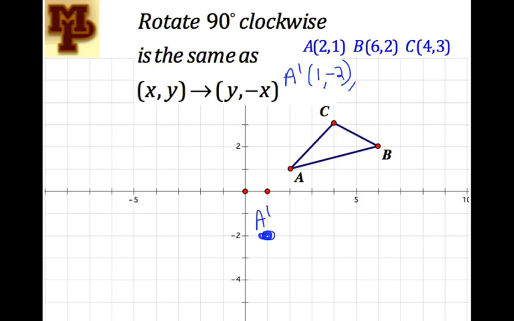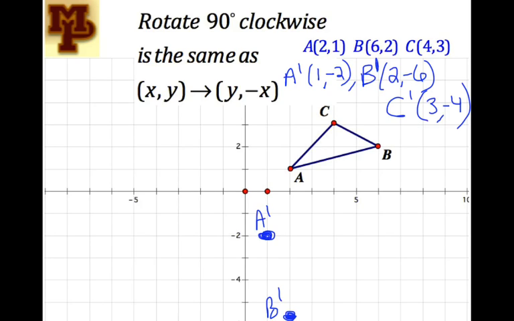And then it's probably a good idea to kind of do these a point at a time. And then B prime, so we would go switching, so we go 2, and then that would be negative 6. Oh man, I'm way off my graph there too. Oh, actually not too bad. Okay, so that one is B prime. And then C prime is 3, negative 4.